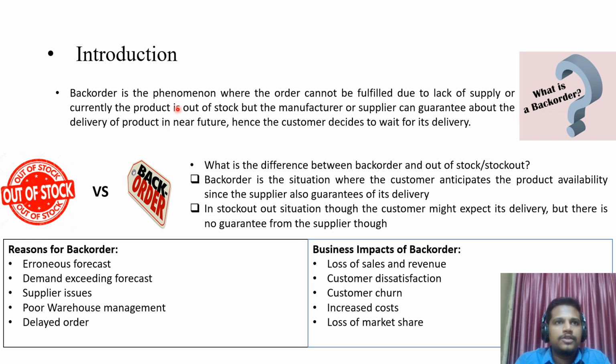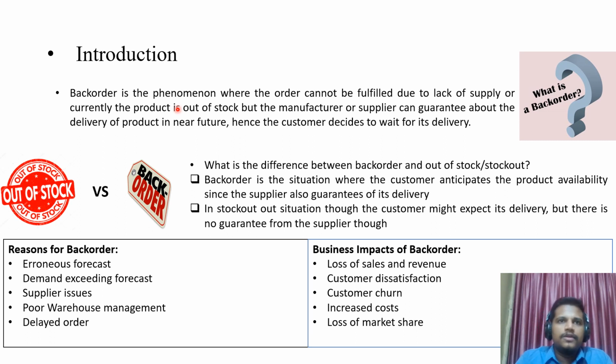Even if the customer anticipates that the product will be delivered, there is no guarantee, so he or she would have to wait for an indefinite period of time. However, in case of back order, the manufacturer or the supplier guarantees a particular date, and commits that they will deliver that product to the customer within that date. That's the basic difference between back order and out of stock.